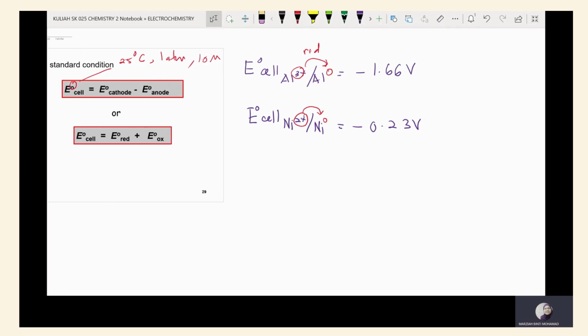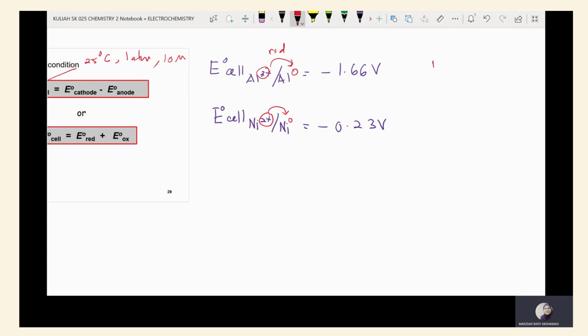So how to decide which one will become an anode and which one will become a cathode? This is how I usually identify. Let's say the middle is 0.0 volt. When you go upward, it becomes more positive.